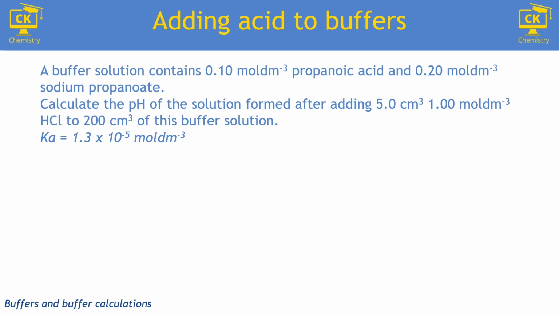Hopefully we've got into this idea of using this equation and realizing that we must have A minus and HA in moles, because if I add a particular number of particles of acid, moles of acid, you can't take concentration per concentration.